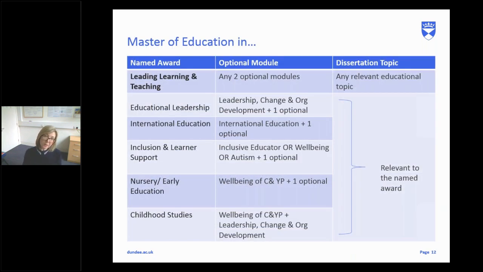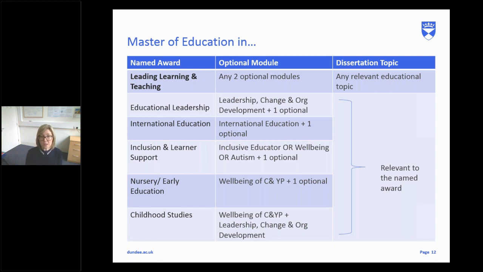Okay, to demonstrate how the named awards work and the modules that link in with those, you can see this table on the screen which outlines this. So from the Leading Learning and Teaching award, the top one there, again highlighted in bold, you can choose any 2 optional modules from the previous list that you saw.